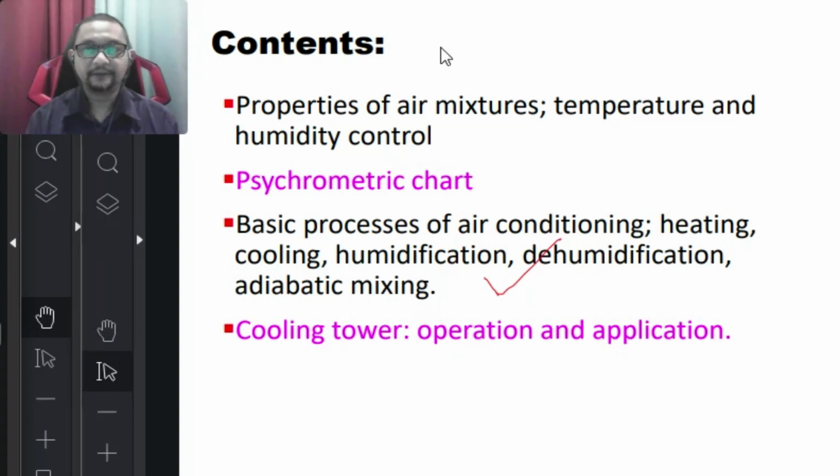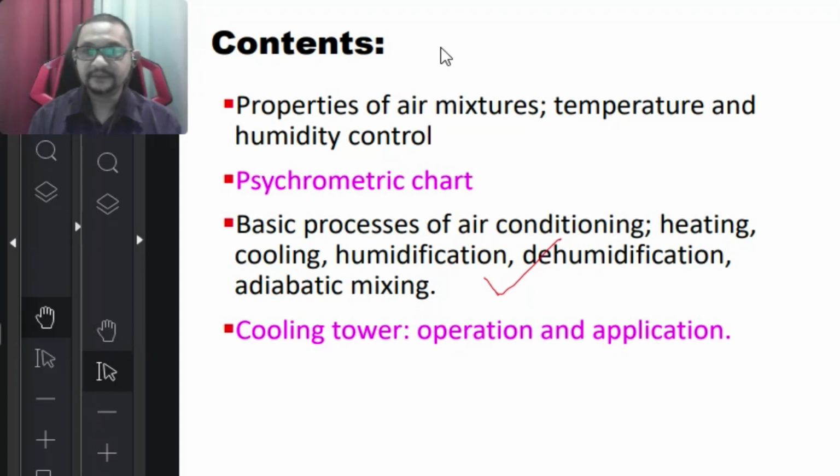Today, as you all have seen, the modern air conditioning system can heat, can humidify, can also clean, and can even deodorize the air.